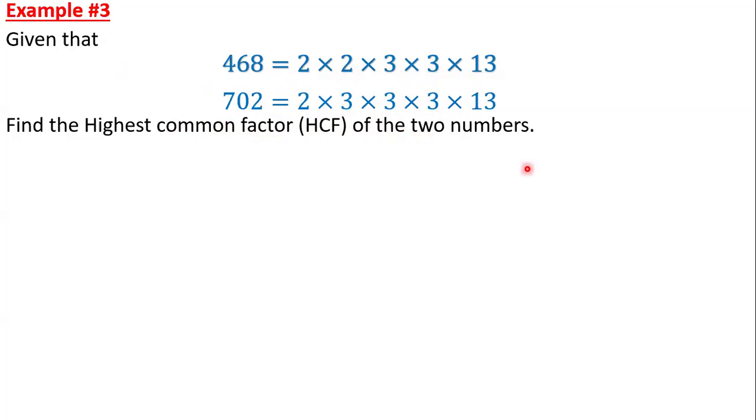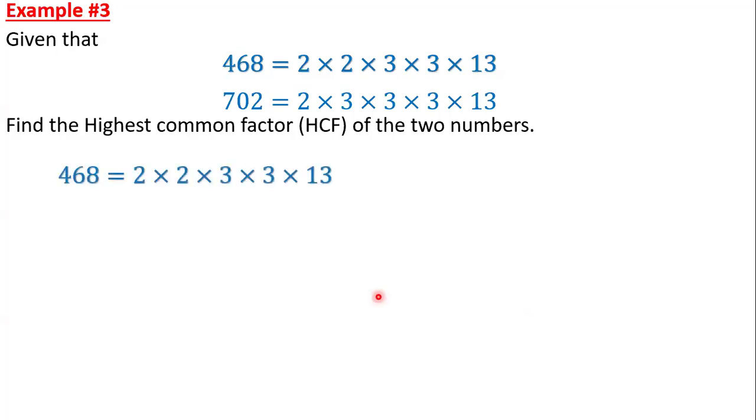Very good. Okay, this is a good one. How are we gonna do this? So first thing we're gonna do, what are we gonna do to get our answer, class? Group the common numbers, the common factors.